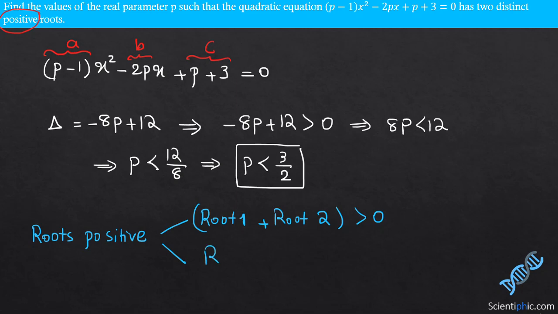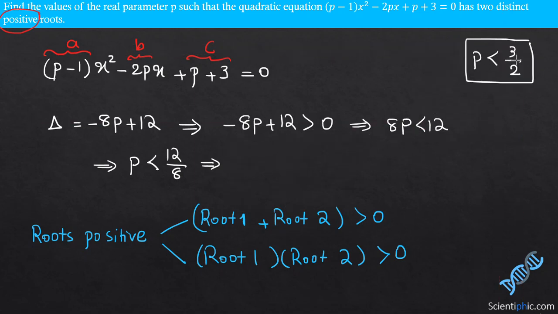And if we multiply these roots, root 1 times root 2, that should also be positive. So that is the result of having two positive roots. Okay, so I'm gonna keep this one here. We are gonna need it in the end.